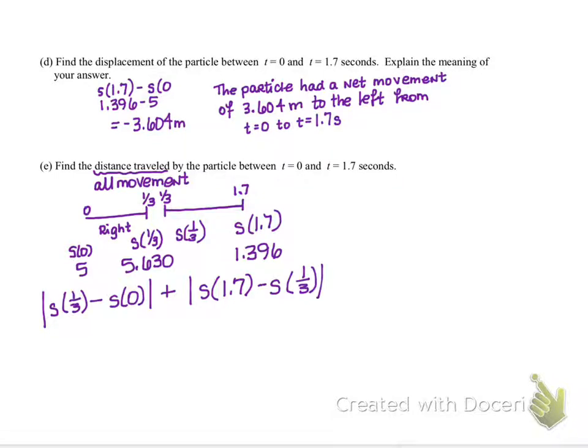So here we go. In this first one, we have 630 thousandths, and in the second one, we have 234 thousandths.